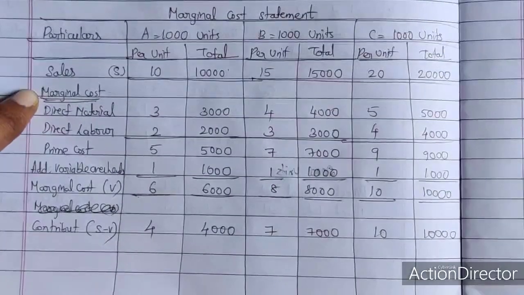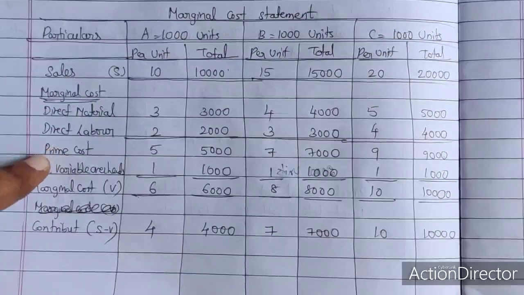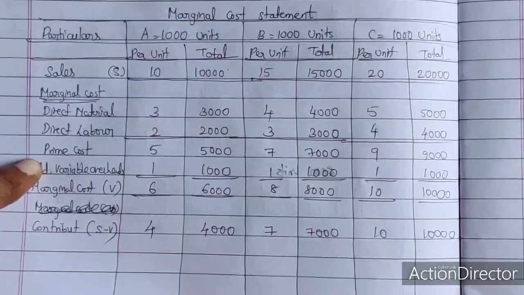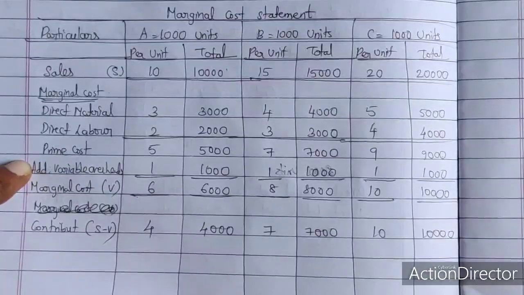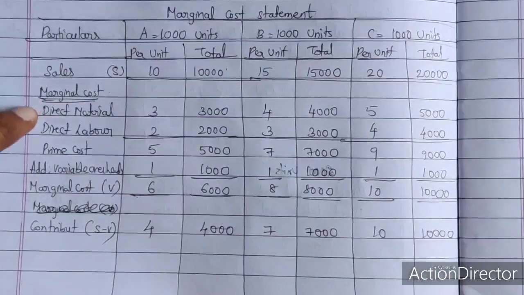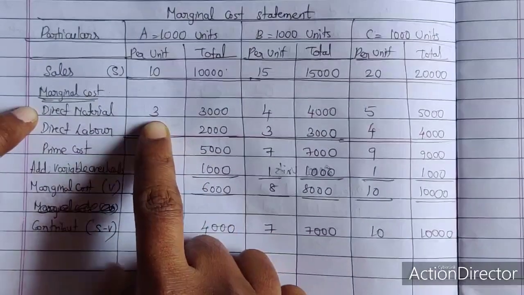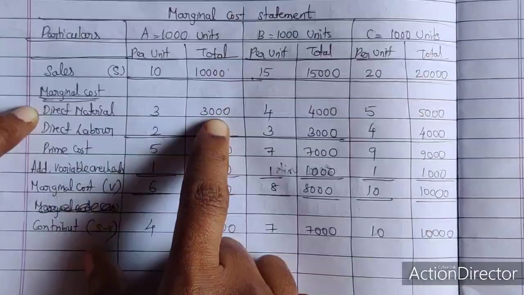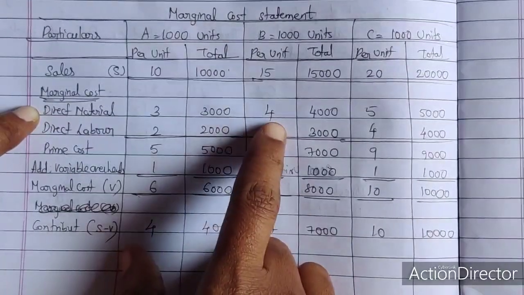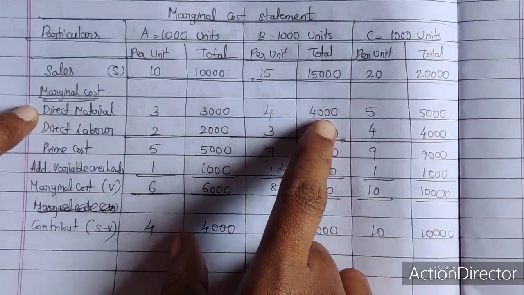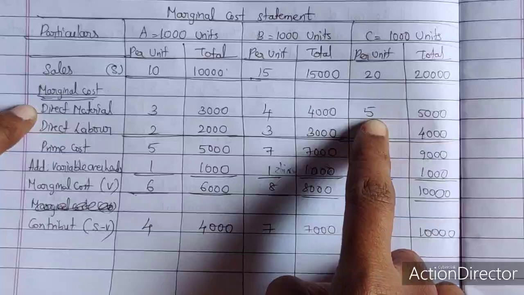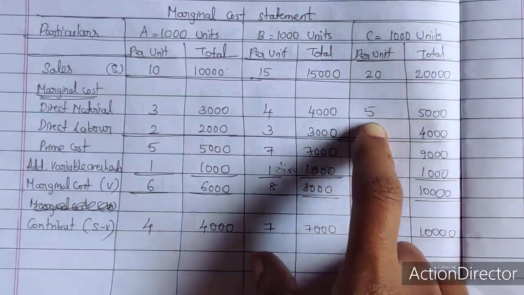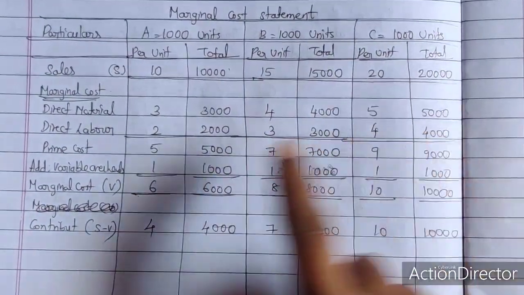In marginal cost also we use the same method: first we calculate the prime cost, then we add other overheads to find the total cost. Direct material cost for A is 3 rupees per unit, total 3,000 rupees; for B 4 rupees, total 4,000 rupees; for C 5 rupees per unit, total 5,000 rupees.